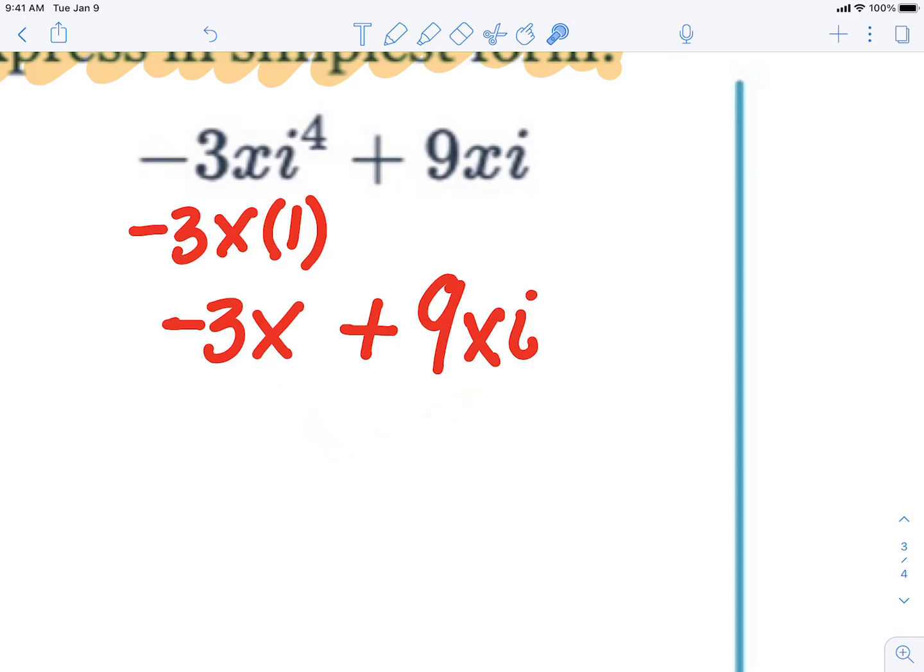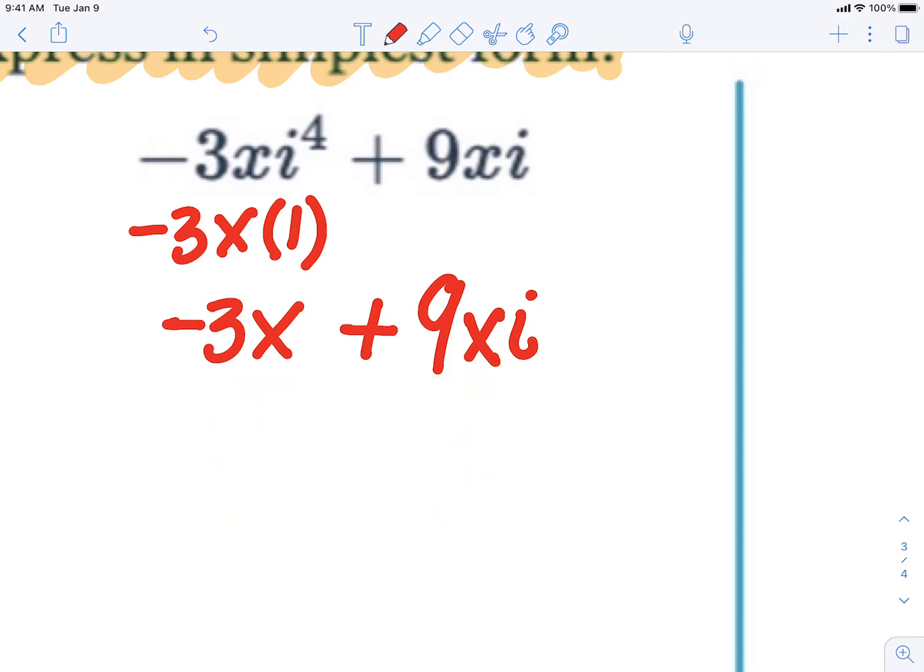Well, maybe you're thinking to yourself, yes, I can, because look, x and x. But what does this one have extra that this one does not? That i right there, exactly. So that makes them not like terms. If this one had an i also, then yes, they would have been like terms. But since it doesn't have an i, they are not like terms.